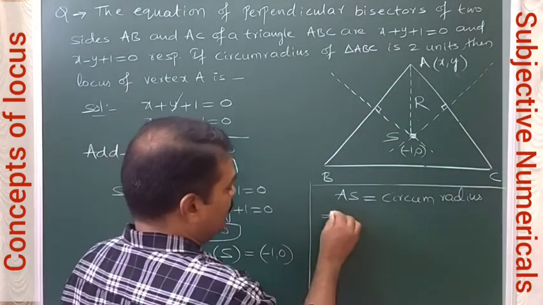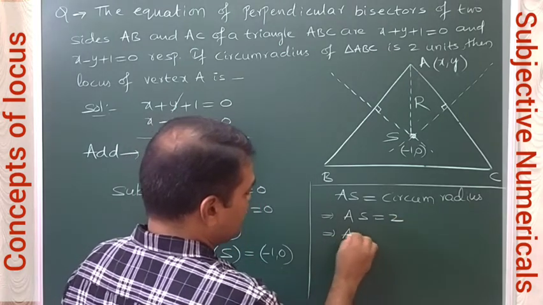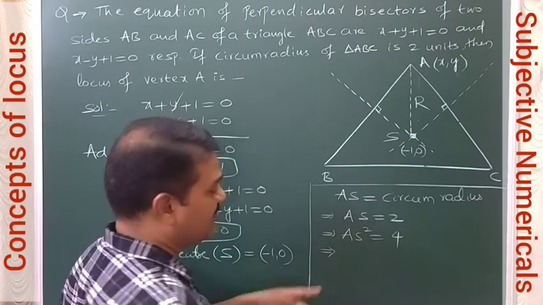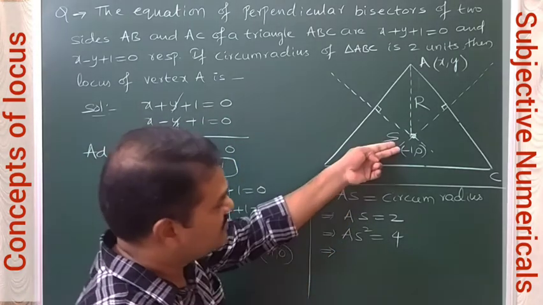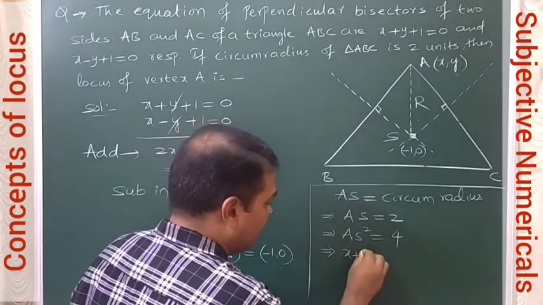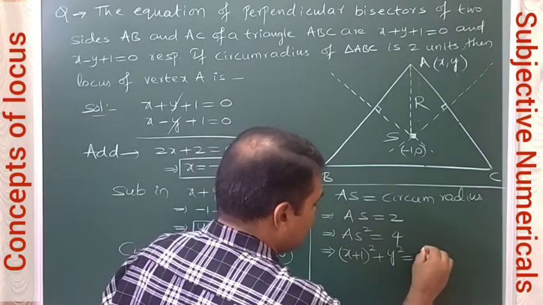So AS is given as 2, so AS square will be 4. Use distance formula for AS square. This is S, this is A. So we will get x plus 1 whole square plus y square is equal to 4.